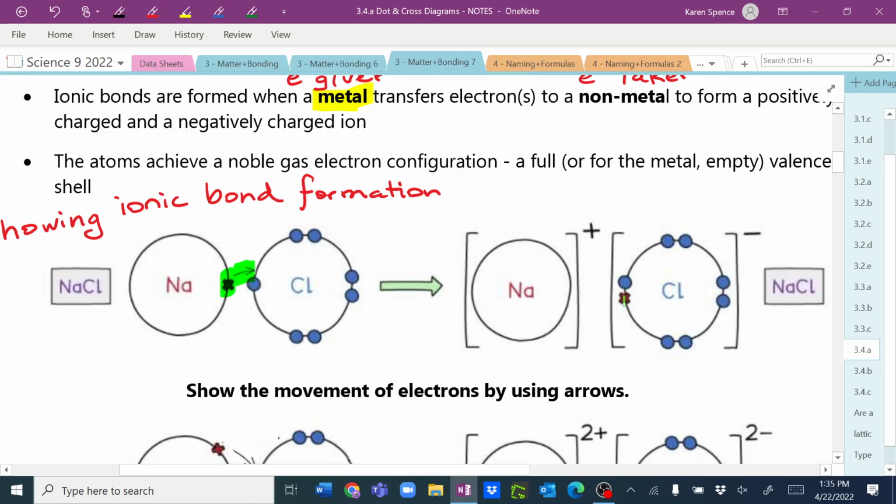So you draw your atom, you show the electron movement, and then you show an arrow saying, oh, this is what it turns into.